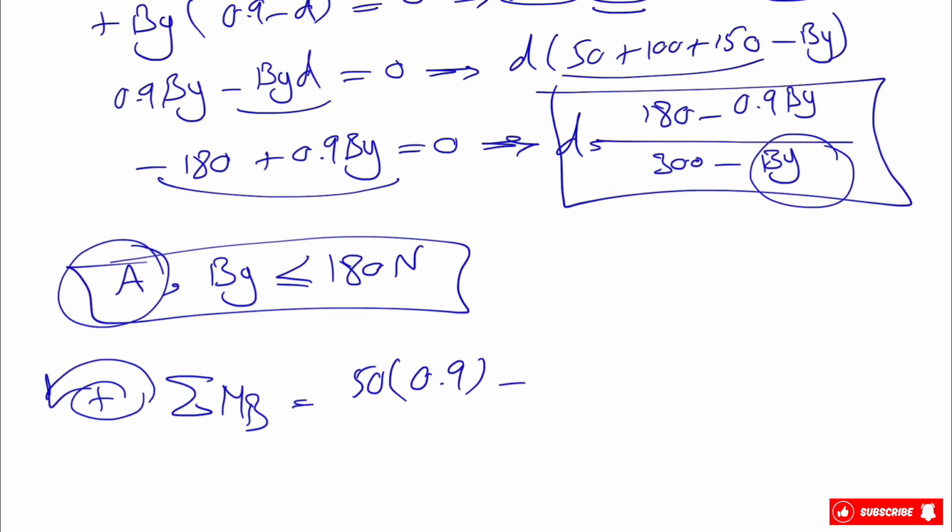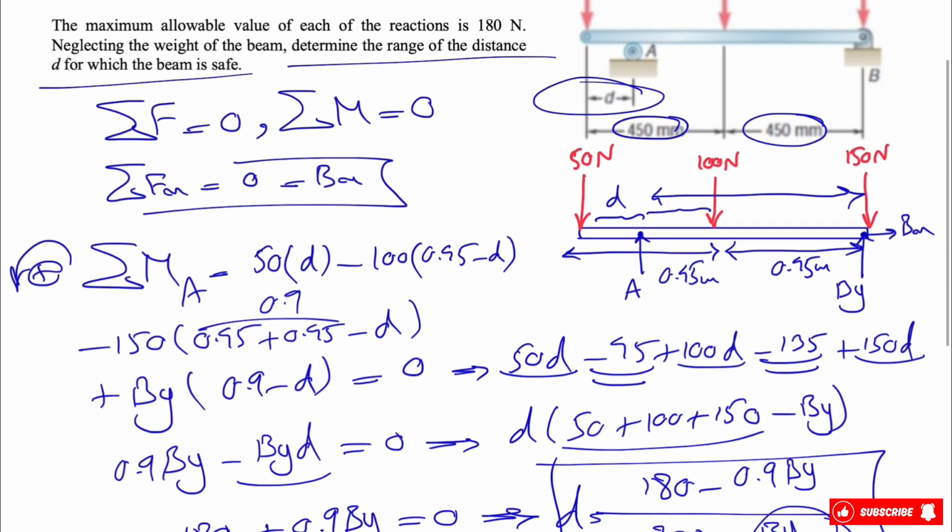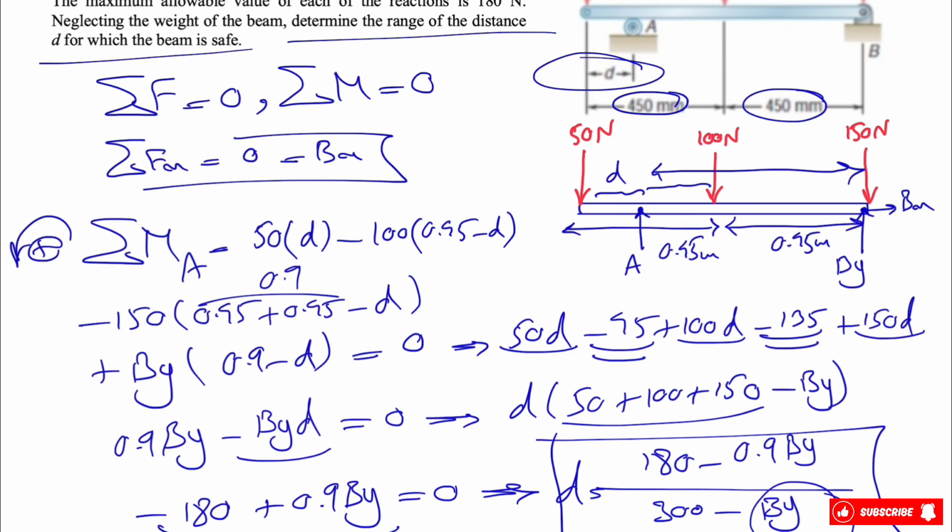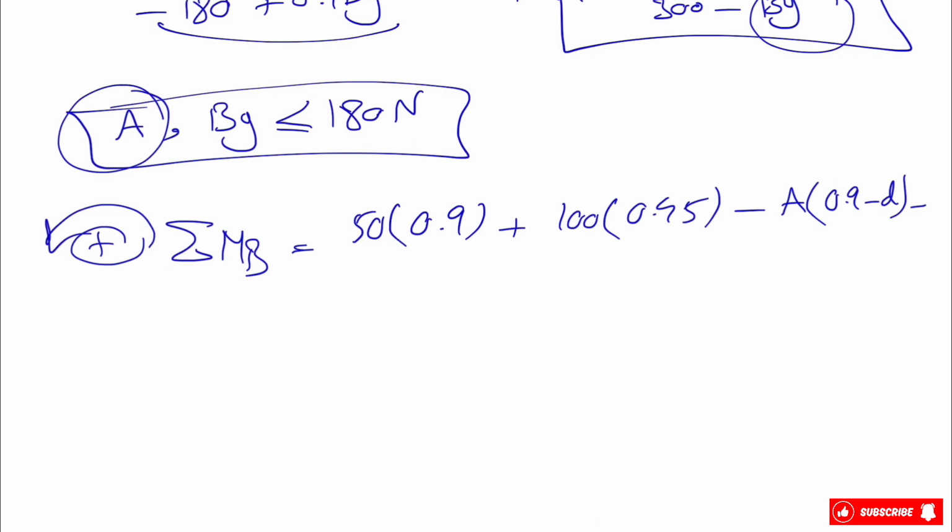For the 100 Newton force, since it's at the half of the beam, the distance is 0.45. The last one is A, which is what we're looking for. It is a clockwise moment, and the distance is again 0.9 minus D. This equals 0, and we can find our D.